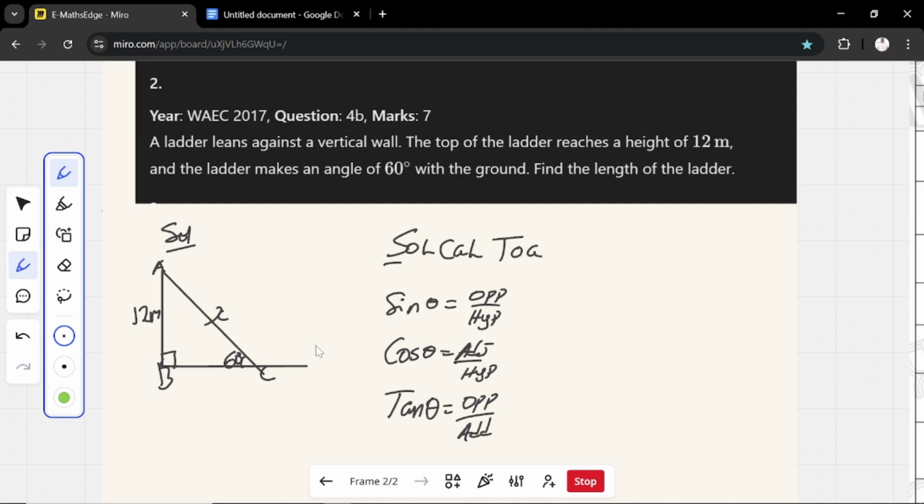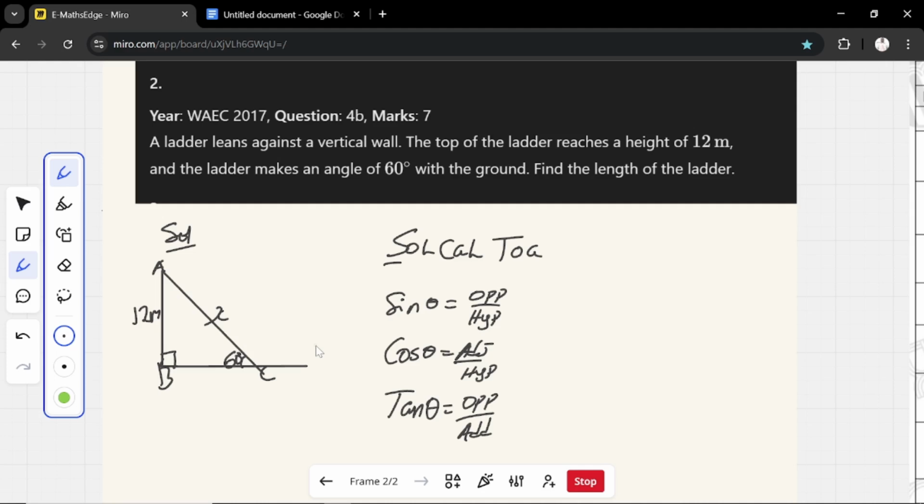So we have the value of the opposite provided, and we are asked to find the value of x, where x, from point A to C, serves as the hypotenuse because it is the longest side of the right angle triangle. So having known the opposite to be 12, and angle theta to be 60, we are asked to find x, which is the hypotenuse.